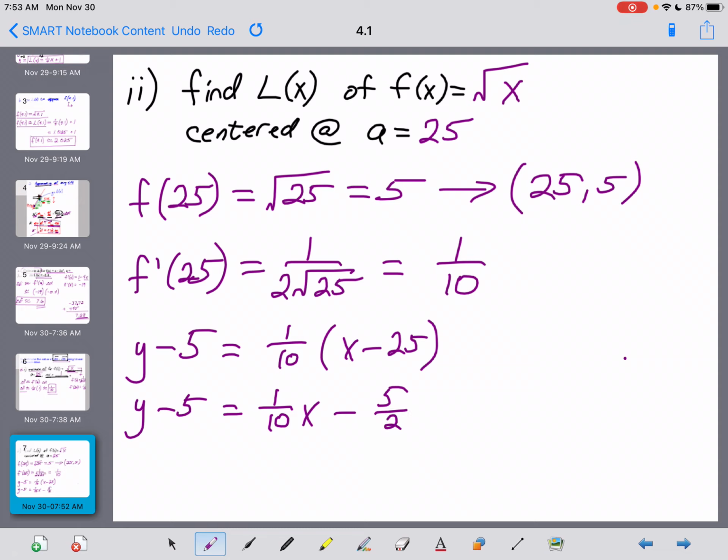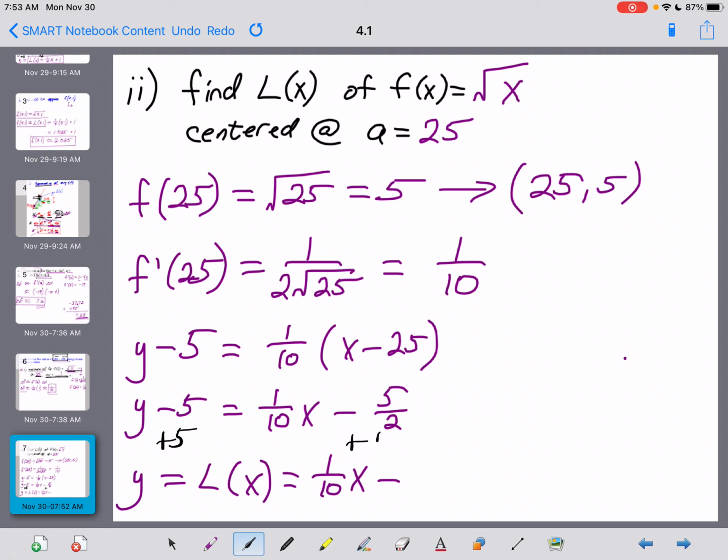And then we could just add 5 on both sides. We would get y, which is the same thing as L of x now, is going to equal 1/10 x minus, adding a 5 on the left would be the same as adding a 10 over 2 on the right. So a negative 5 over 2 plus a 10 over 2 is going to be a plus 5 over 2. So there's your linearization function right there.